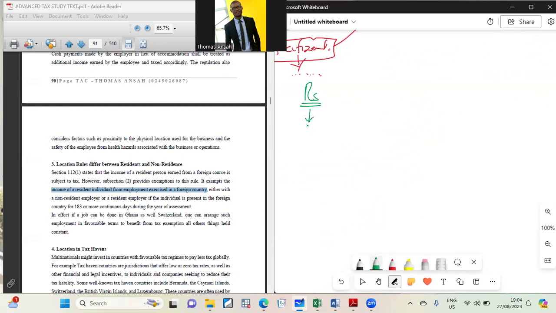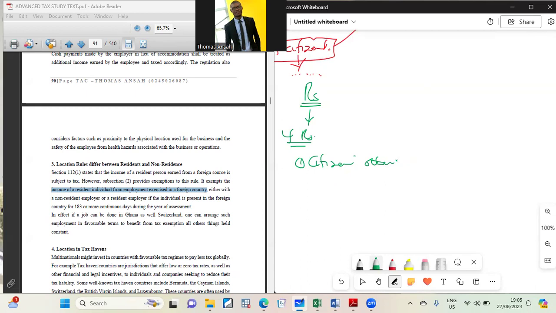All right. And who is a resident? There are 4 things that define residency. Among them is one that says a citizen other than one who has stayed outside the country the whole year and has a permanent home outside Ghana.